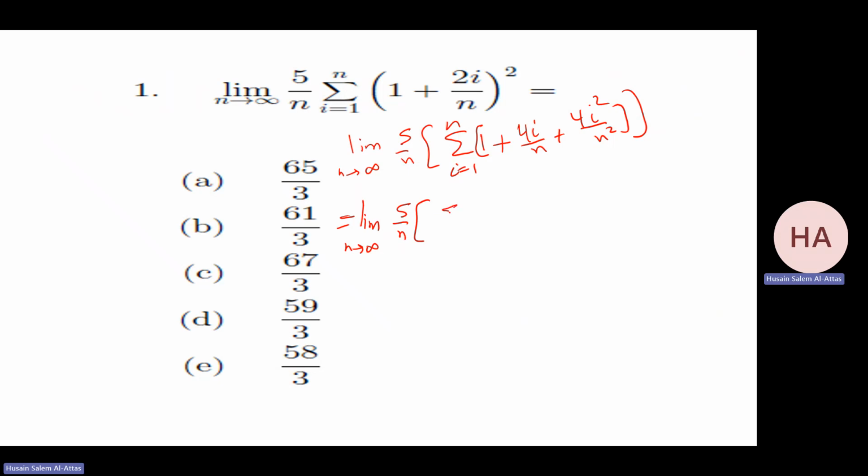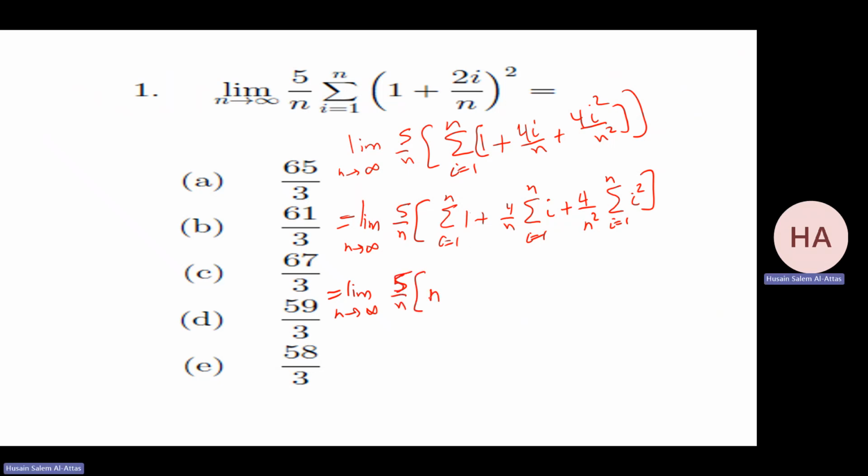This one will be summation i equals 1 to n of 1, plus 4 over n summation i equals 1 to n of i. 4 over n does not have i, so I can take it outside. Then 4 over n squared, summation of i squared, i equals 1 to n, the same idea. So that will be limit n goes to infinity, 5 over n times what?